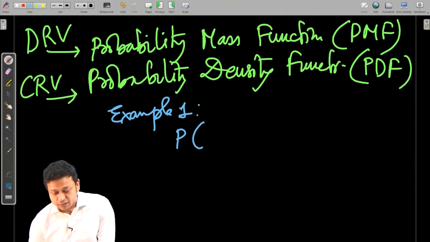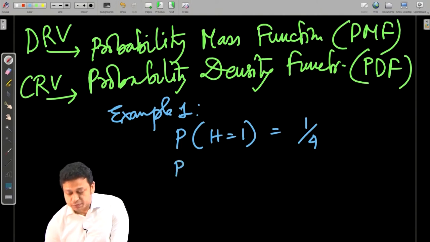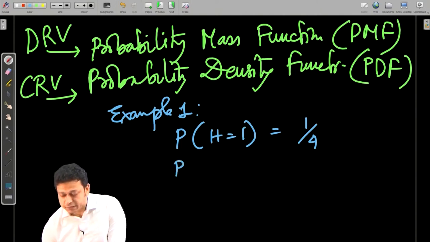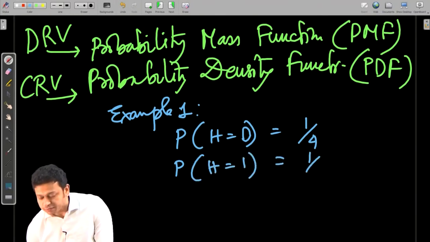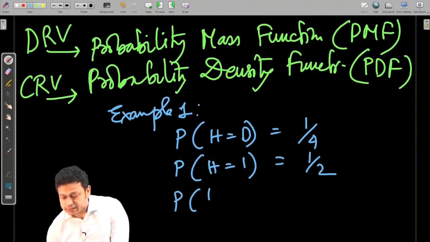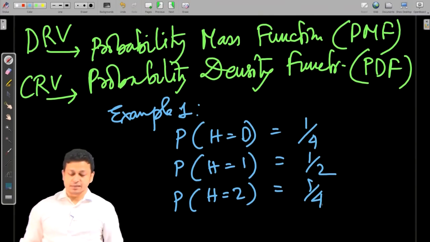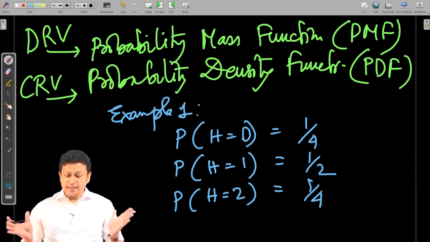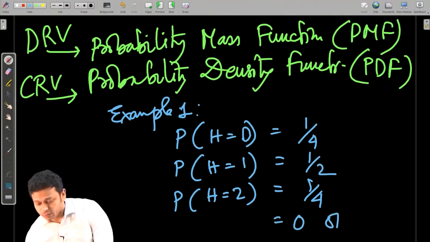So, probability head equal to 0 is 1/4, probability head is equal to 1 is equal to half, and probability head is equal to 2 is equal to 1/4. We already know that, we have done this example several times, and there could be no other value. So, we can write it is equal to 0 otherwise.